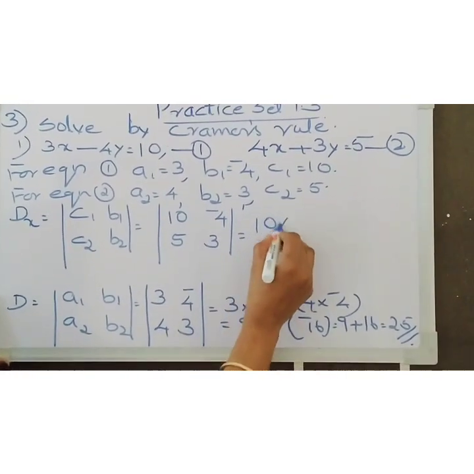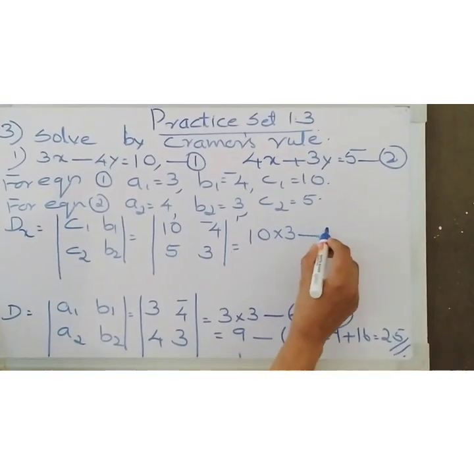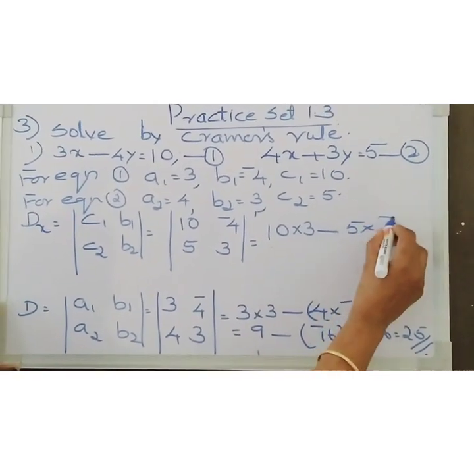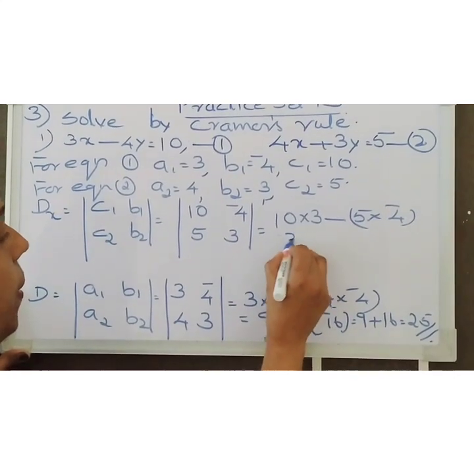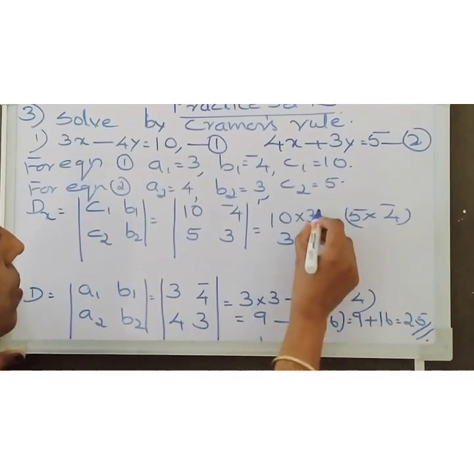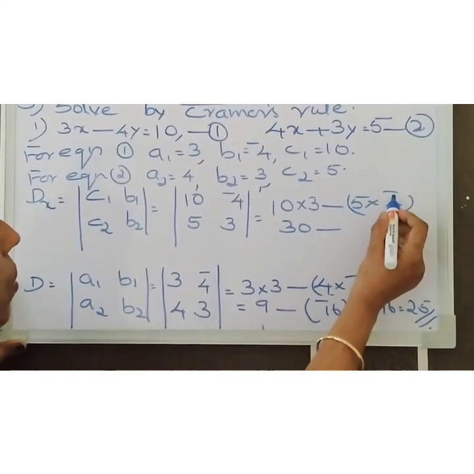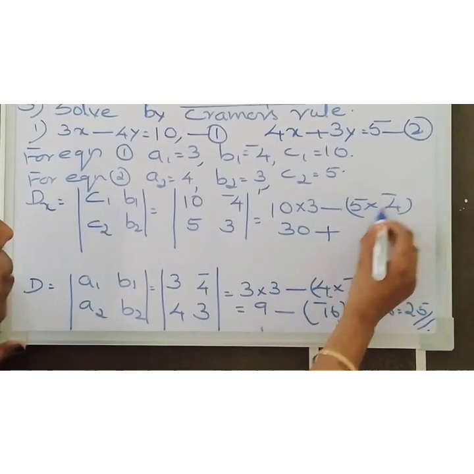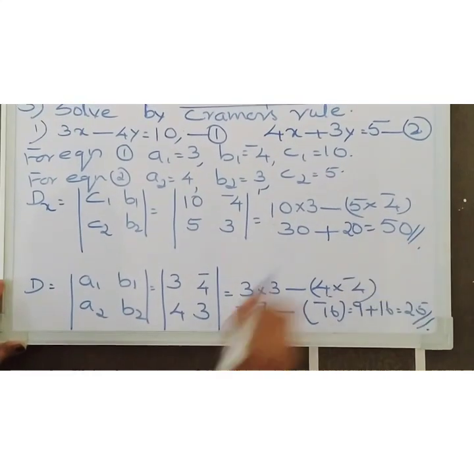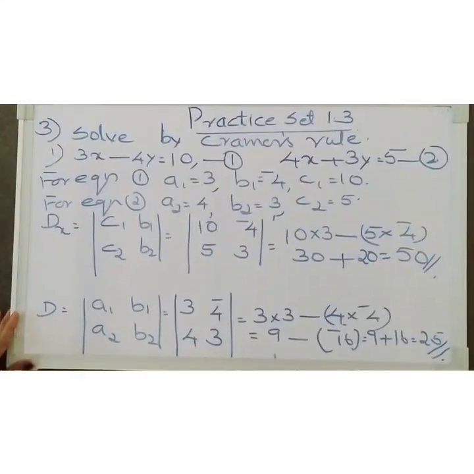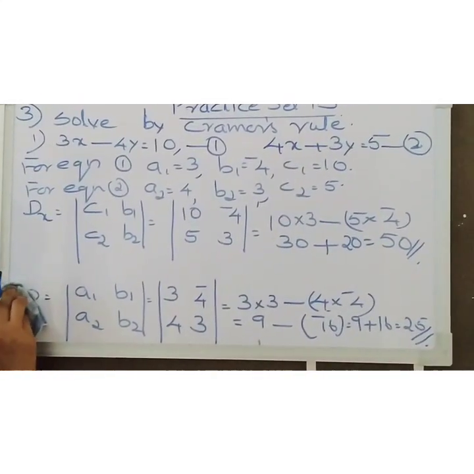That is 10 into 3 minus 5 into negative 4. Therefore 10 threes are 30, minus 5 into negative 4: minus into minus is plus, 5 fours are 20, so 50. Dx is 50. And next, dy.